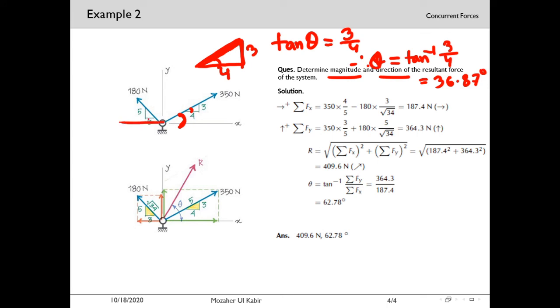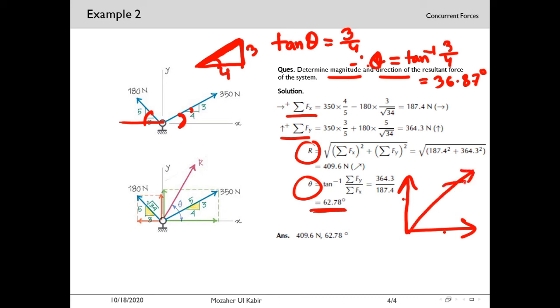Similarly, you can also calculate this angle, and using those angles you can calculate the components, and using the components you need to calculate summation of f of x, summation of f of y, the resultant force, and the direction. Here the direction is positive, so we can see that the summation of f of x is also positive, summation of f of y is also positive, so the resultant will be in between these two, which is in this direction.